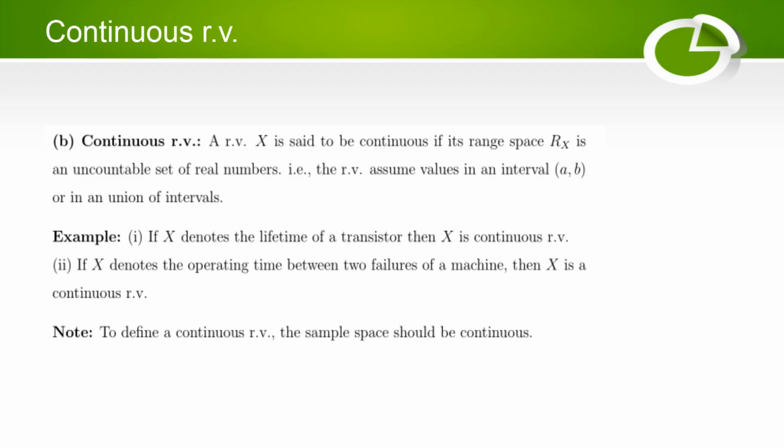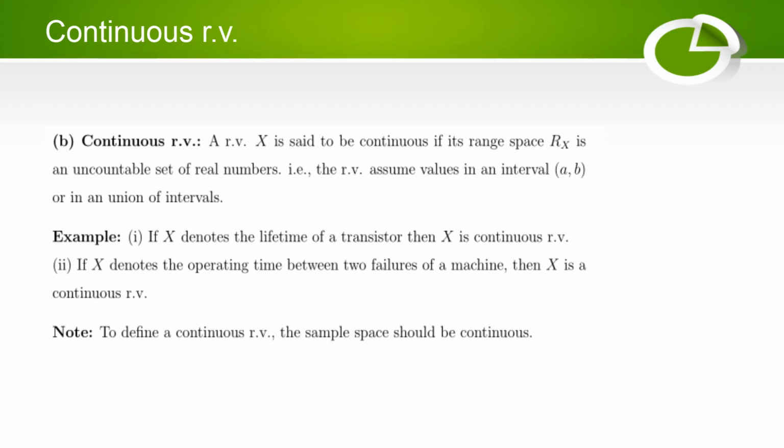Continuous random variable. A random variable x is said to be continuous if its range space Rx is an uncountable set of real numbers, i.e. the random variable assumes values in an interval (a, b), or in a union of intervals.